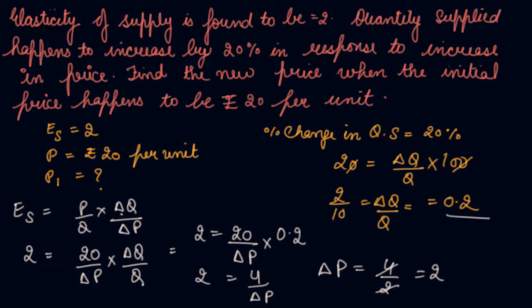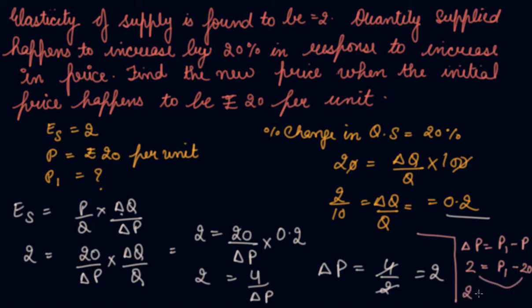So now your change in P is equal to P1 minus P, right? If your change in P is 2, your P1 you don't know, you have to find out, and your P is 20. So you can take it here.